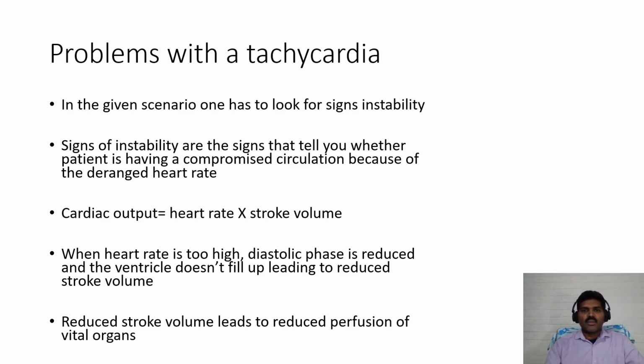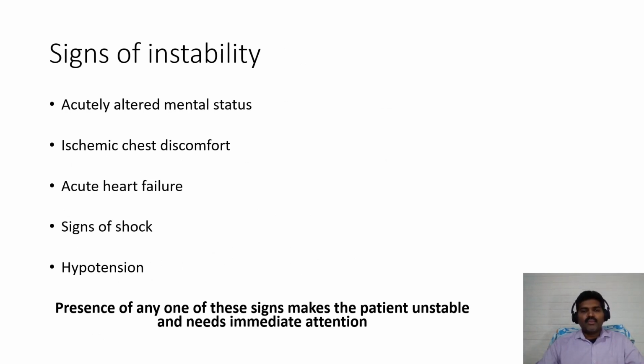So signs of instability: what are the end organ damage signs that you get when the patient is unstable due to an arrhythmia? Acutely altered mental status: there is a reduced blood supply to the brain, so mental status can be altered. Ischemic chest discomfort: the patient similarly has reduced blood supply to the heart, and the heart is functioning more vigorously, so there is high demand for oxygen. When there is reduced supply, the cardiac muscle can experience ischemia.